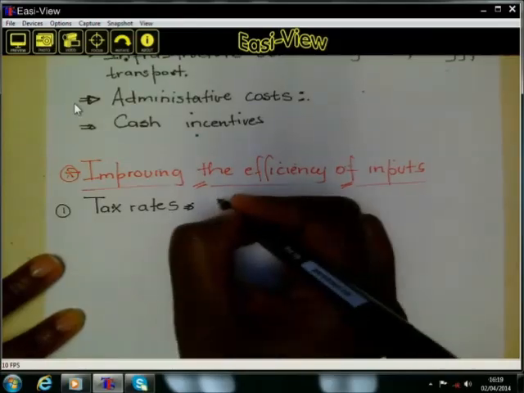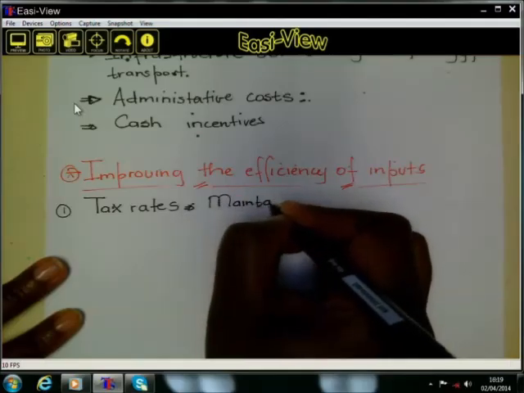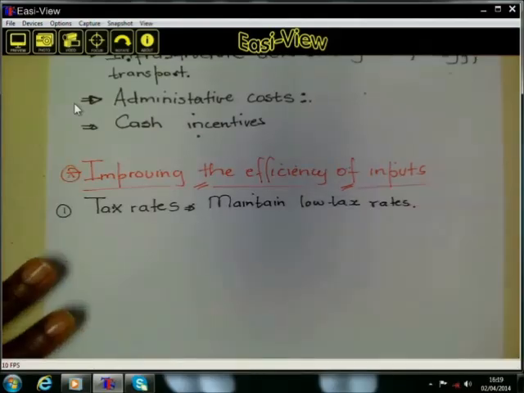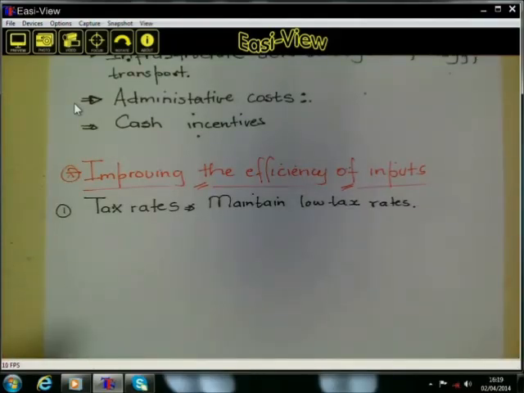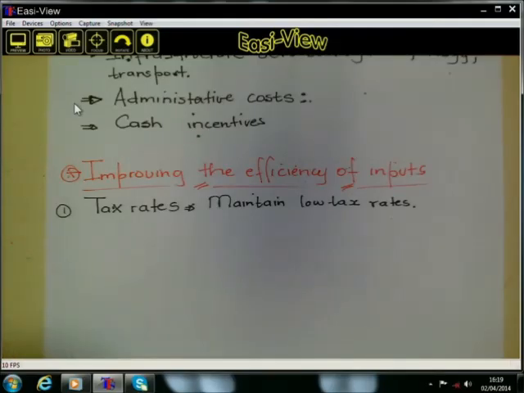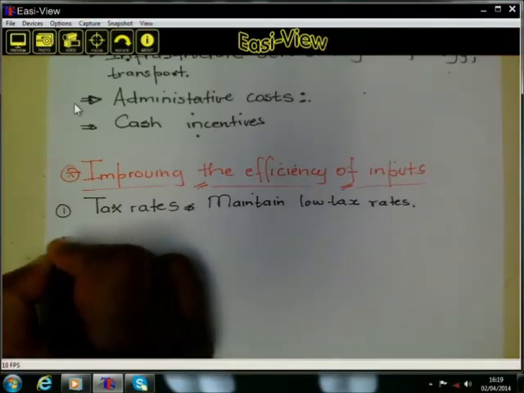So they must make sure that they maintain low tax rates. Because if they charge too much income tax, people are not going to be motivated to go to work. Then it means they are losing revenue. As well, if the businesses are charged too much tax, they are not going to be motivated to pay tax. They won't be motivated as well to provide some of these goods. So government must look at the tax rates.